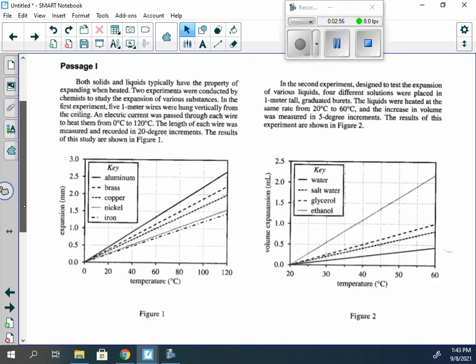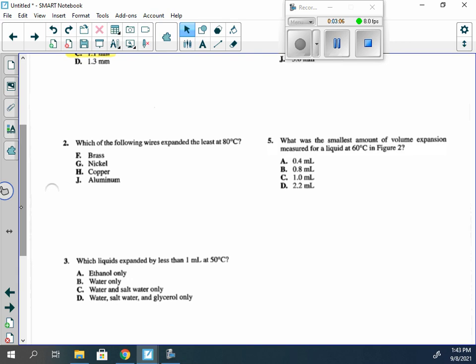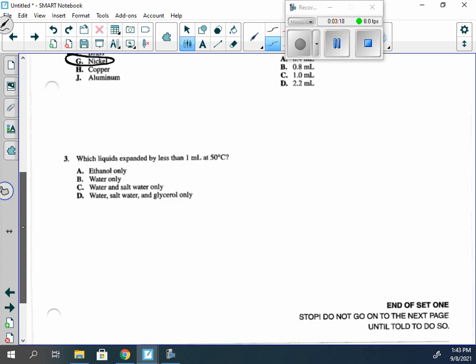What's the next one? So the one with a ton of little dots is nickel. Is nickel an answer choice? So nickel is the correct answer choice, G. That's it. Let's look at the next one.